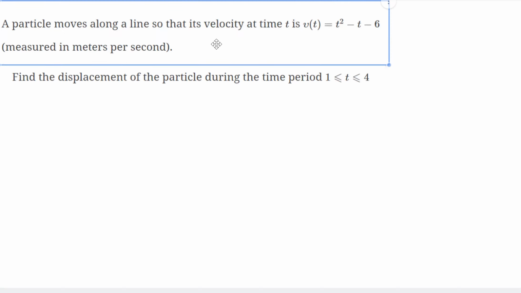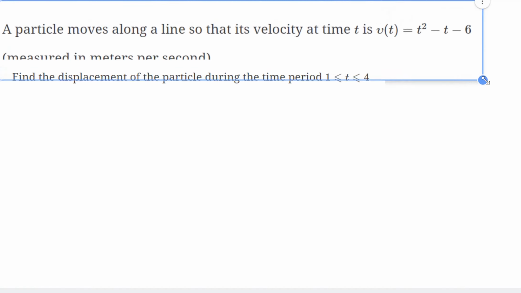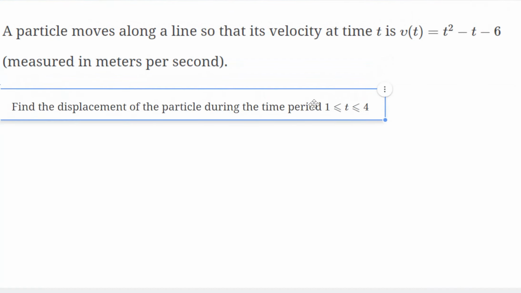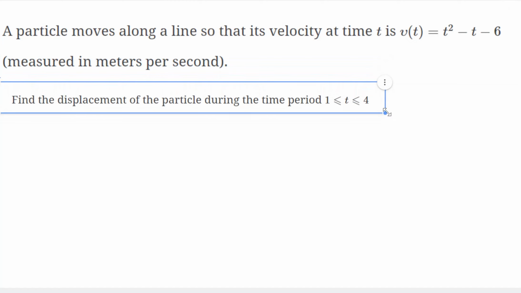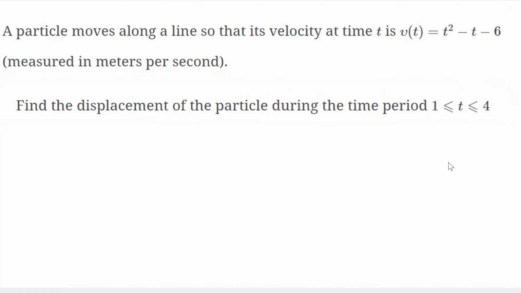So one of the things that this is used for is when we're looking at distance, velocity, acceleration, those things. If you remember, velocity is the derivative of your position function. So they gave you your velocity and they want to know how far the particle has been displaced between 1 and 4.